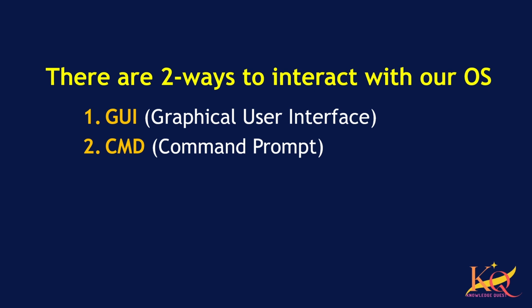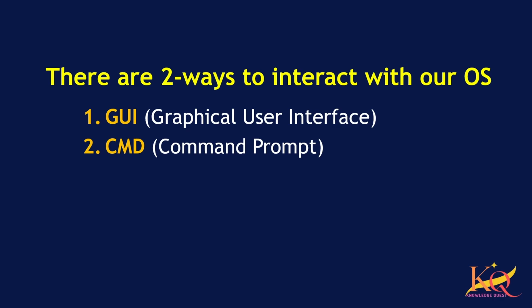You can do this in two ways. First, by using the graphical user interface, that is by clicking on that folder and seeing what files are present. In the second way, you can use the command prompt window. There you write some command and that will do the job. It will fetch all the files present in that folder. See how it is going to work.